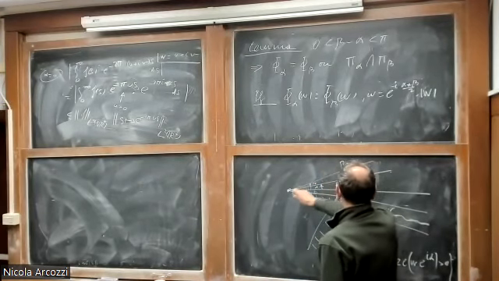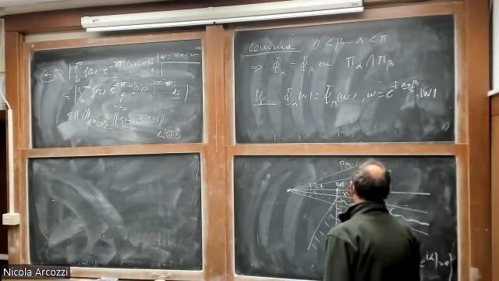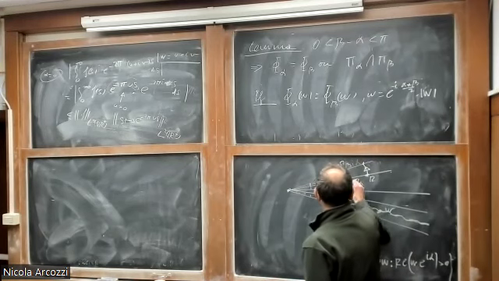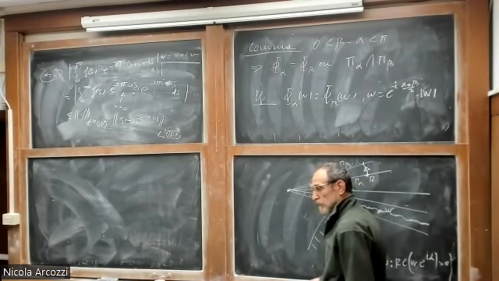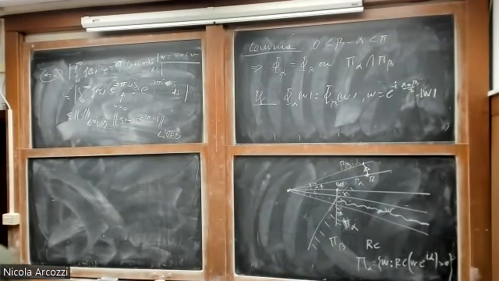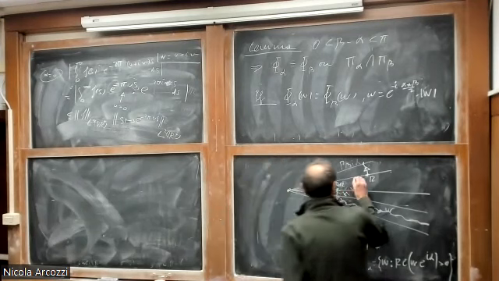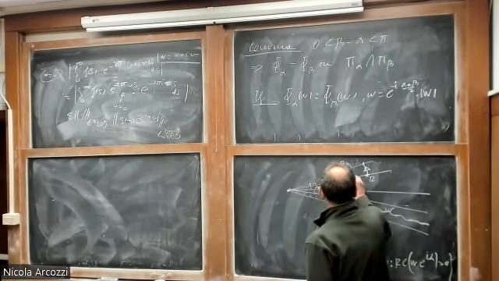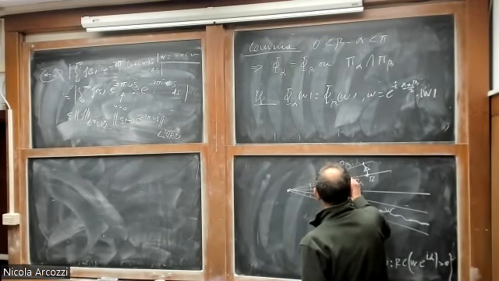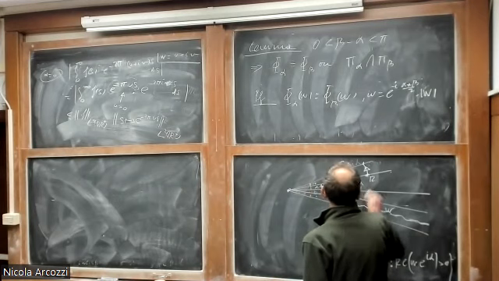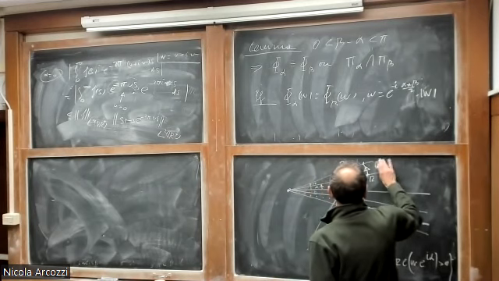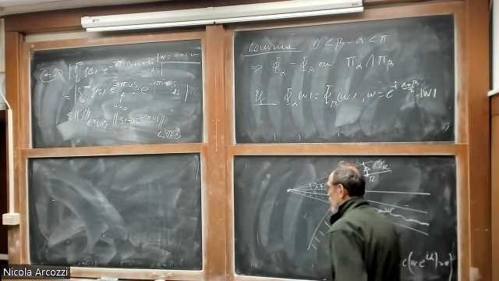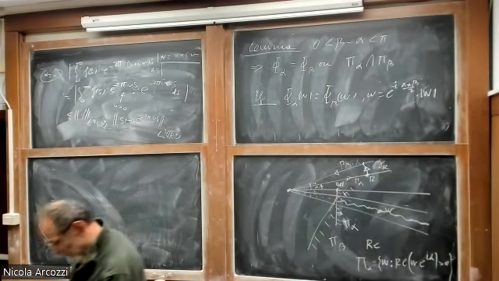We pick the distance R, where R will go to infinity, and we consider this path here. Let's call it lambda R.